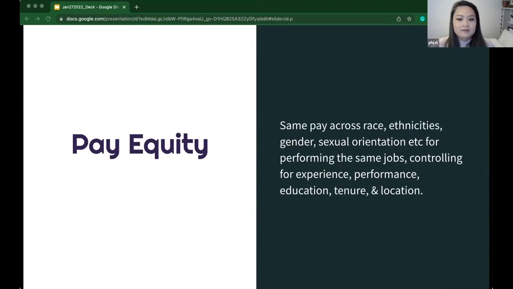And pay equity is also the innate perception that fair and equitable pay comes from feeling that the level of effort asked by the organization is fair in comparison to their pay.